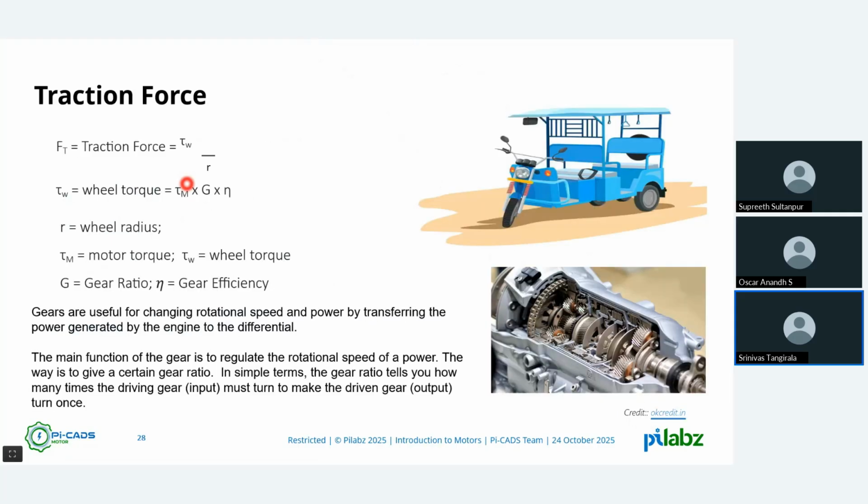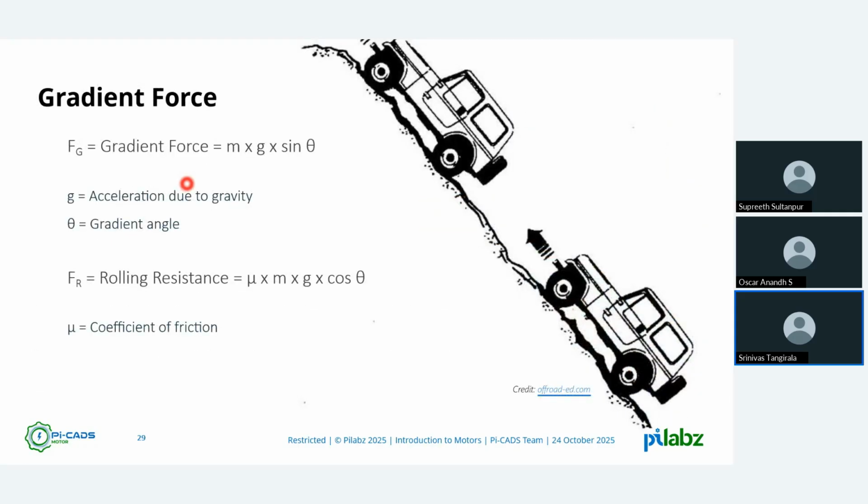Now the gradient force. Let's analyze the forces acting on the vehicle when it is climbing a slope. Gravity acts vertically, so if you resolve the gravitational force along the plane and perpendicular to the plane, you get a gradient force mg sin theta. The rolling resistance acts opposite to the direction of motion of the vehicle and is represented by mu mg cos theta.